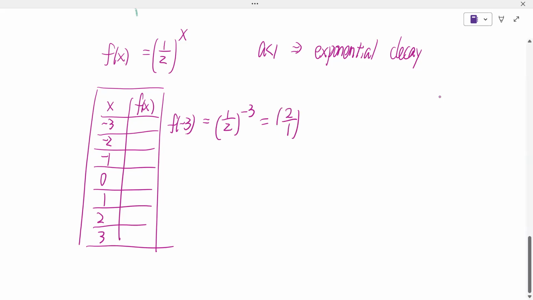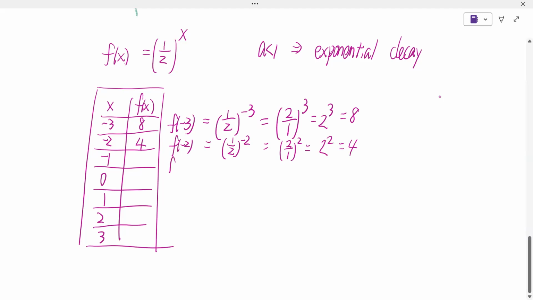The reciprocal is 2 over 1 to the third. This is 2 cubed, which is 8. Second one, f of -2, it's going to be half to the negative second power. Again, flip half, we get 2 over 1 to the second. So this is 2 squared, that's equal to 4.